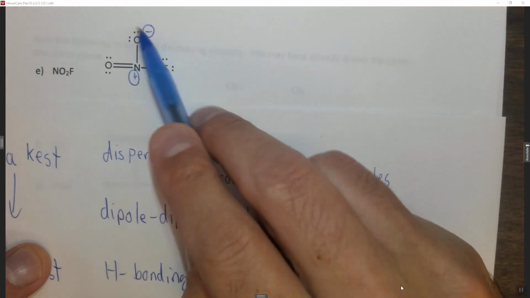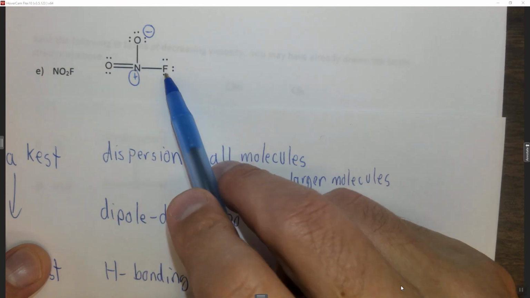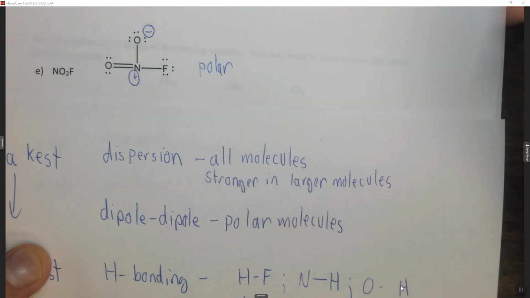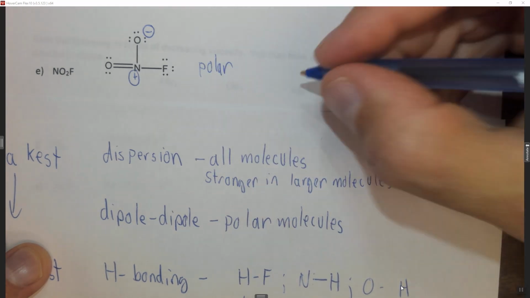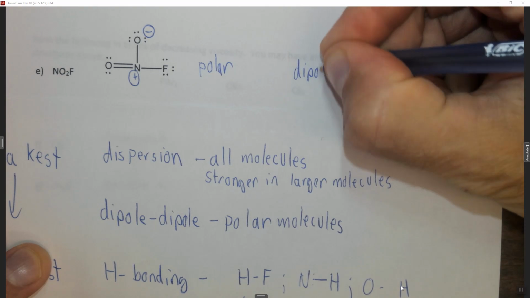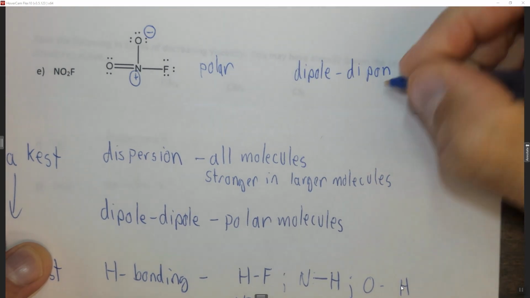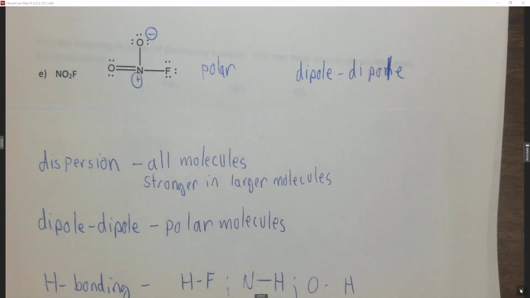There's 2 oxygen domains because of resonance. They're the same. So there's 2 oxygens and 1 fluorine. Not all domains are the same, so therefore this one is polar, and the strongest intermolecular force is going to be dipole-dipole. We don't have any NH or OH, so it's going to be the dipole-dipole force.